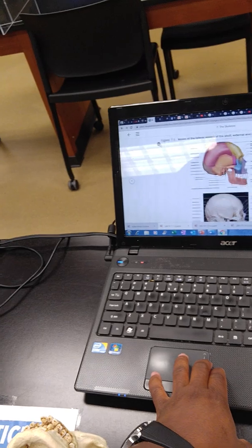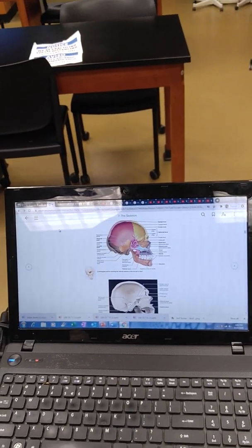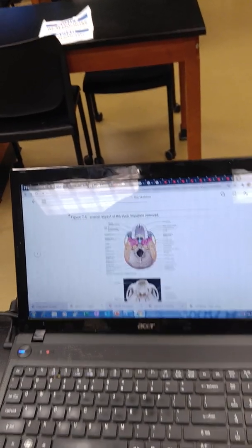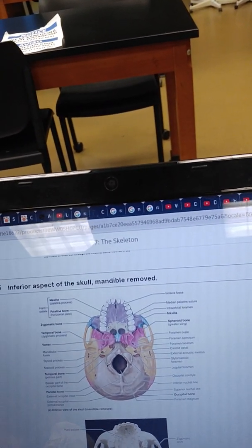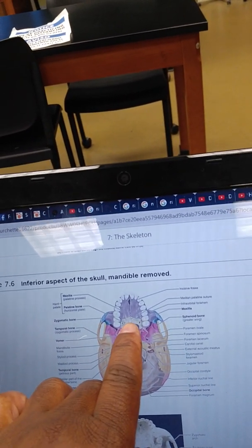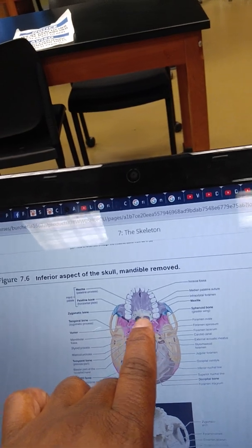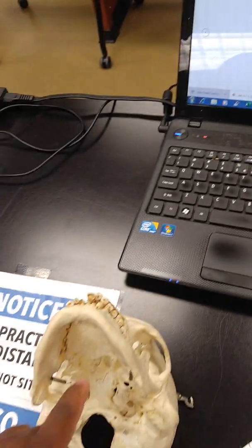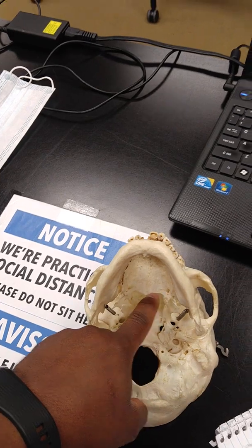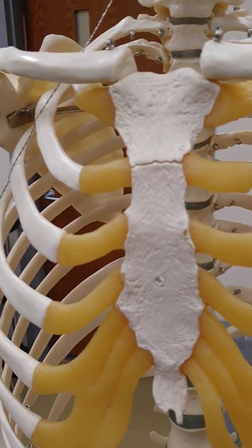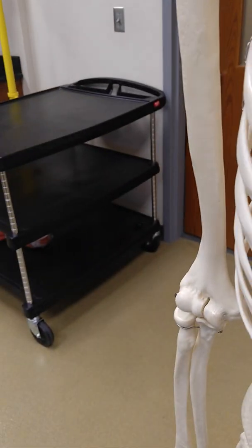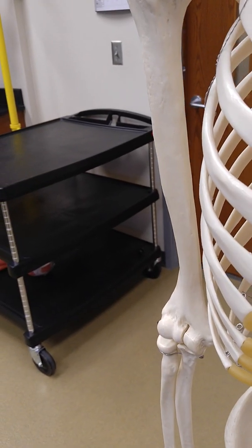Our book shows us that it is forming the roof of the mouth. So yeah, about there, roof of the mouth. Alright, I got palatine, anterior roof of the mouth.